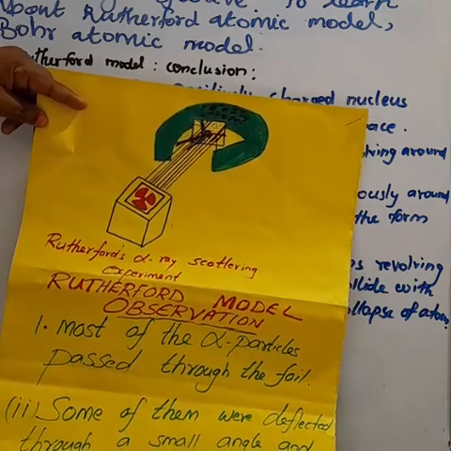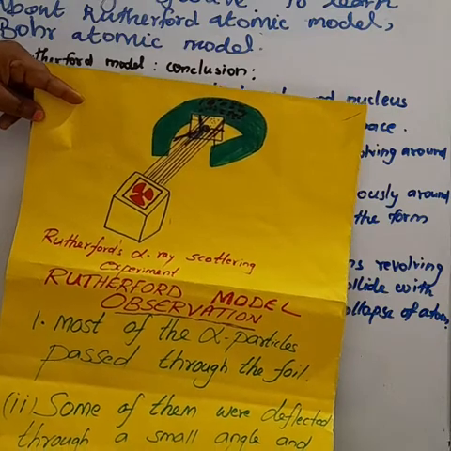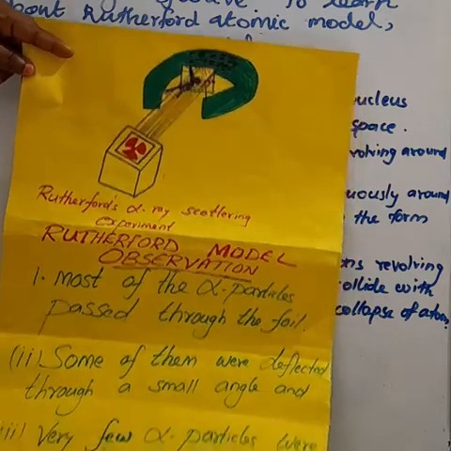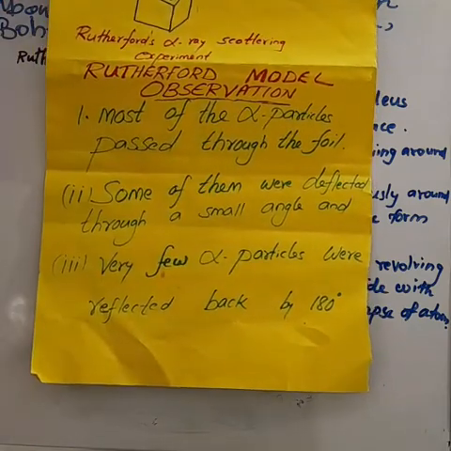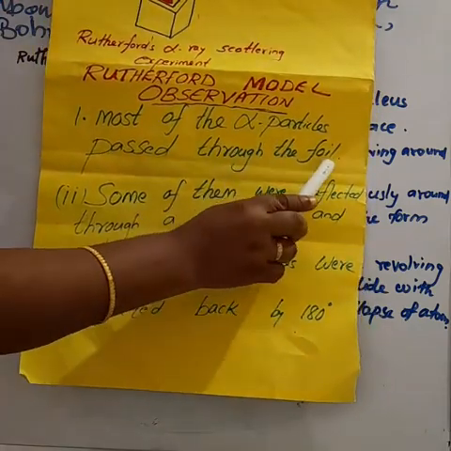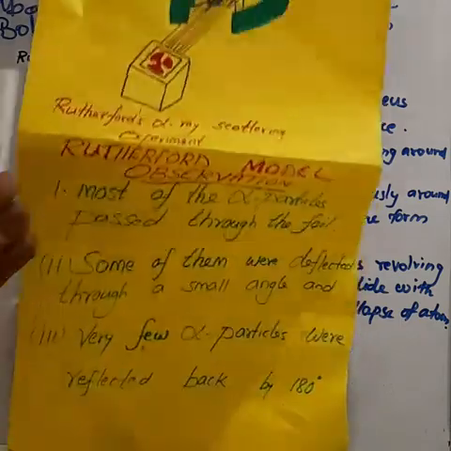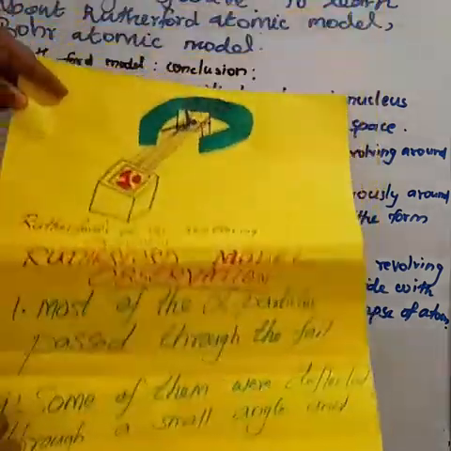What did he observe? Whatever points he observed: first, most of the alpha particles passed through the foil.